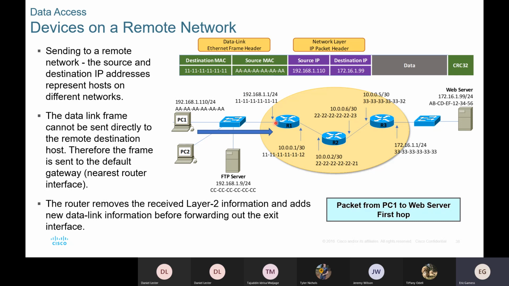So when the frame arrives at R1, it will go up the stack. It will arrive at the physical layer, which is layer 1, and go up the stack, and then go down the stack again. So it will go up the stack up to layer 3. In layer 2, which is the data link layer, R1 is going to remove the Ethernet header.